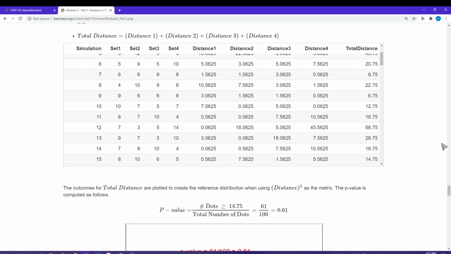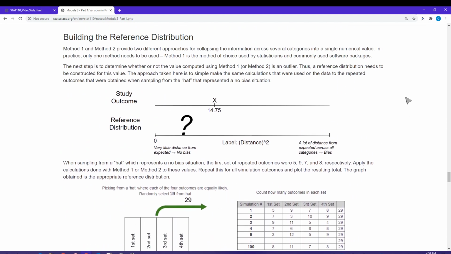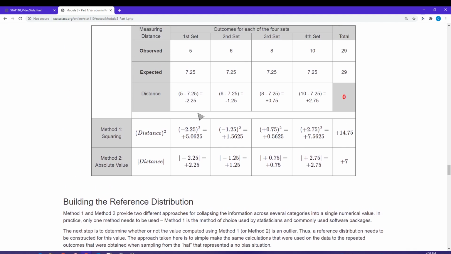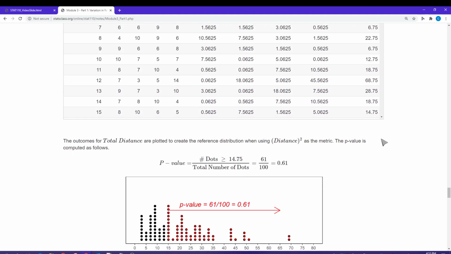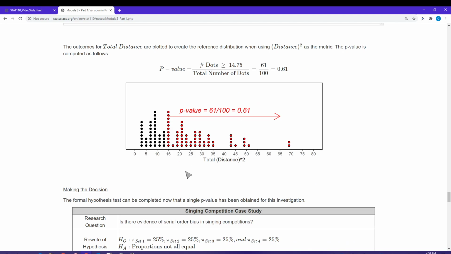So again, the reference distribution is obtained in the same way that your study outcome was obtained. I took my values, subtracted 7.25, squared them, and then added all those up. And after doing that, that can be used to determine my p-value.